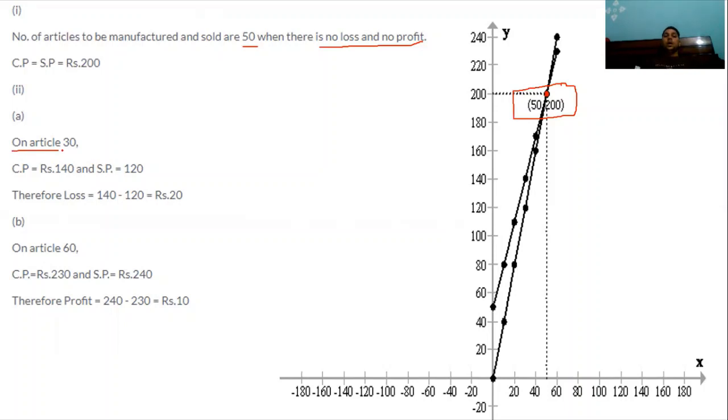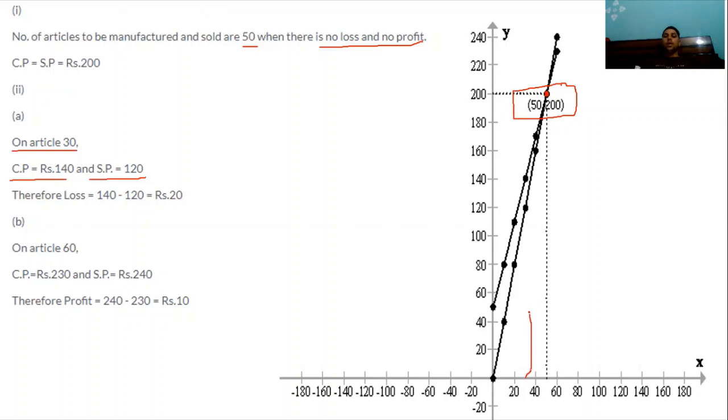Okay, on article 30, what is the cost price and sale price? If we have article 30, what is the cost price and what is the sale price? So article 30 will be here. From here, we have to drop a perpendicular.